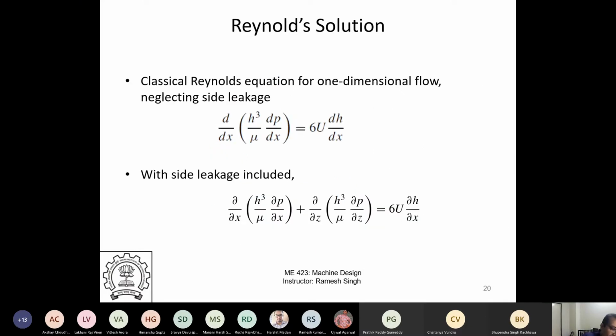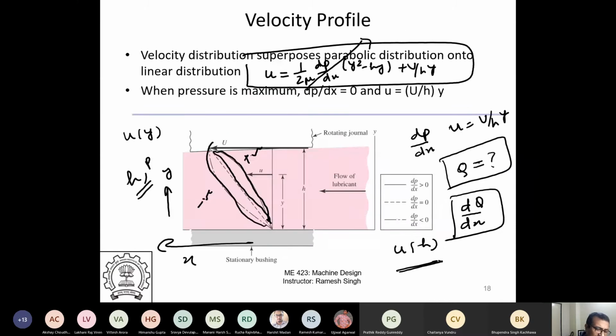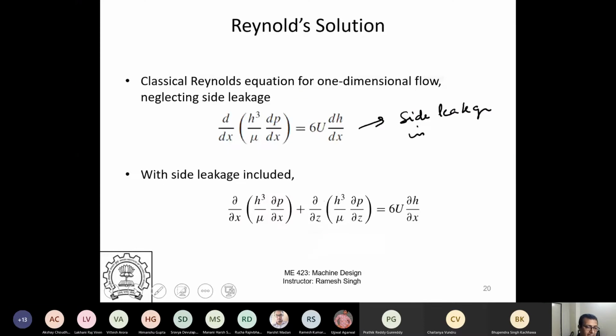This equation assumes that side leakage is not there. Side leakage means in the z direction, through the thickness of the sheet. We are assuming there is no side leakage. If side leakage is included, there will be two pressure gradients, one in x and the other in z.